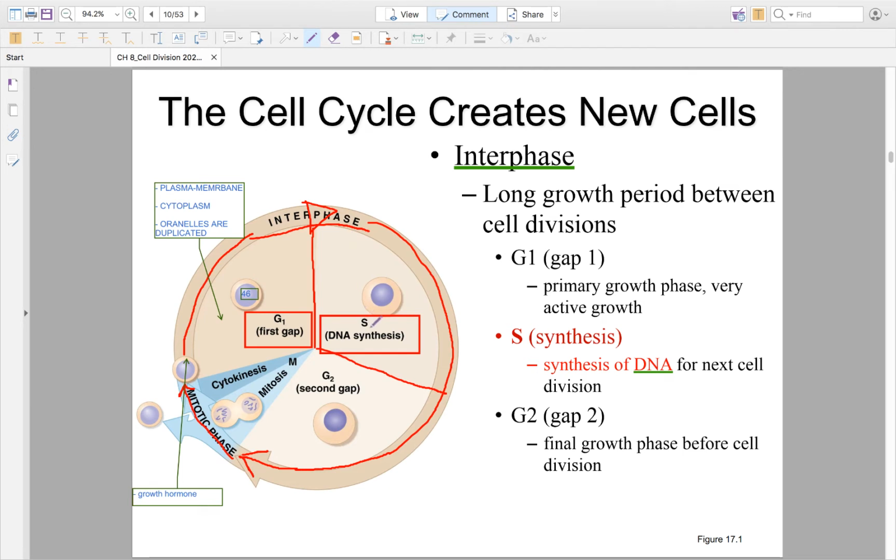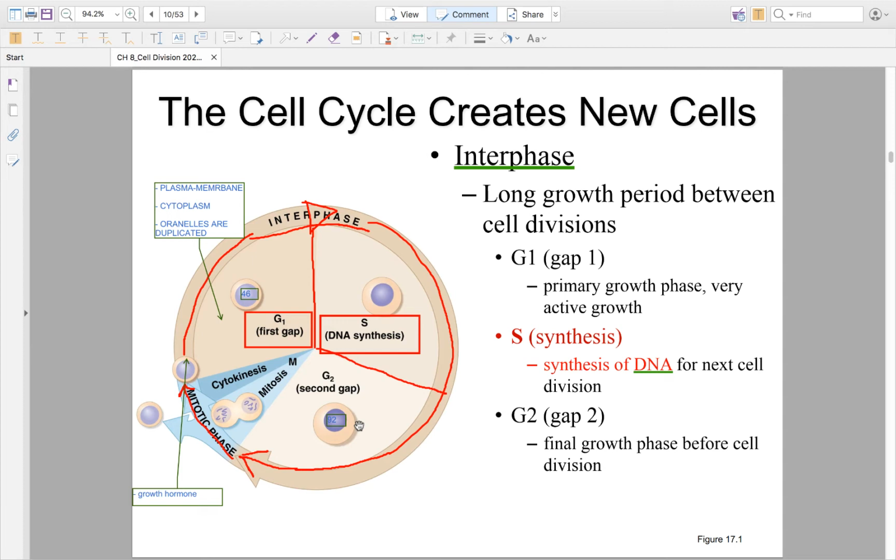That's the S phase. Now, when a cell enters the G2 phase, it's going to have double the number of chromosomes, so it's going to have 92 chromosomes here. This is the final growth phase before cell division occurs.